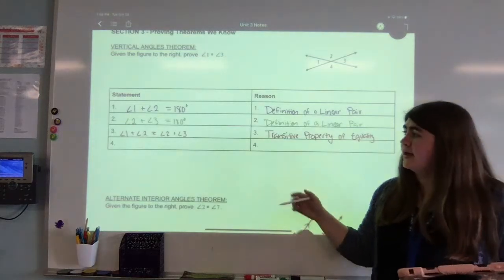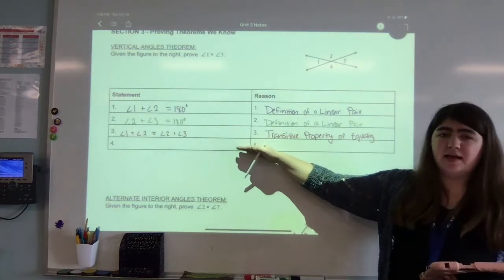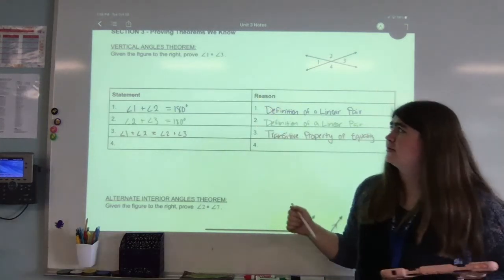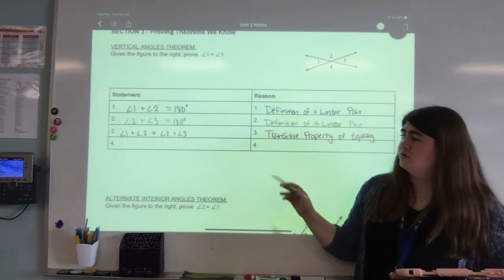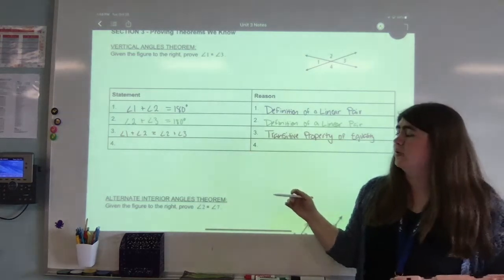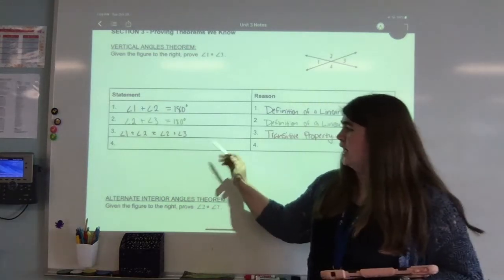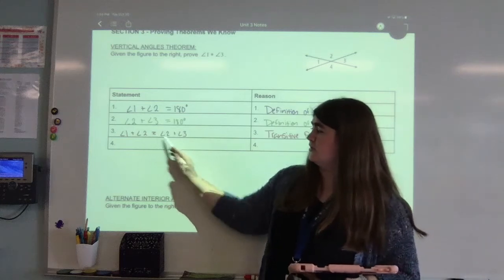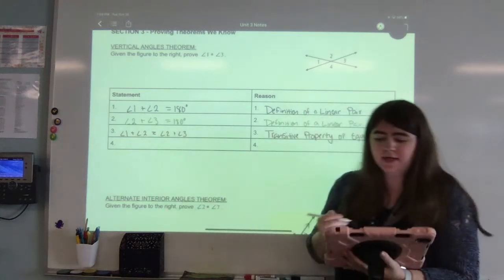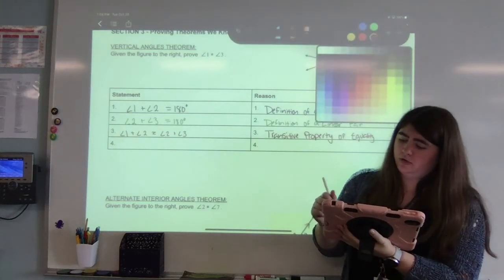All right, next we have line 4. This should be the last line, and up here it says we're trying to prove that angle 1 is congruent to angle 3, so that should be our next line, and we're going to see if that works out. So I have angle 1 plus angle 2 is equal to angle 2 plus angle 3. I'm recognizing that angle 2 is on both sides of this equation, so I can subtract angle 2 out, and that leaves me with angle 1 is equal to angle 3.